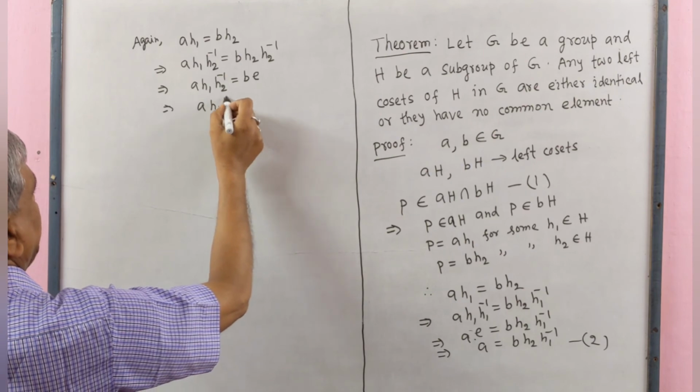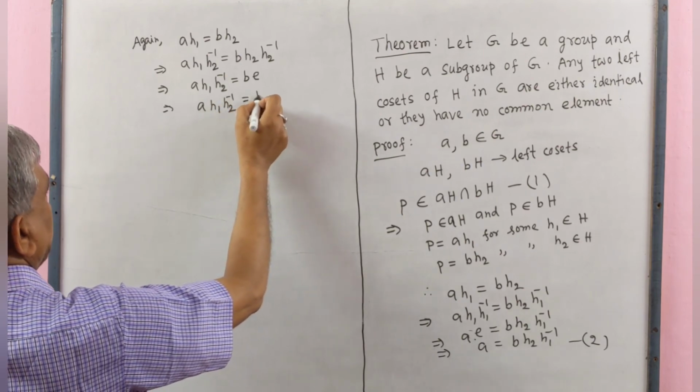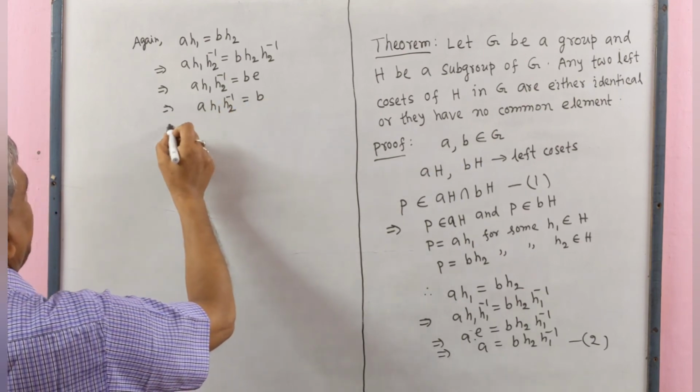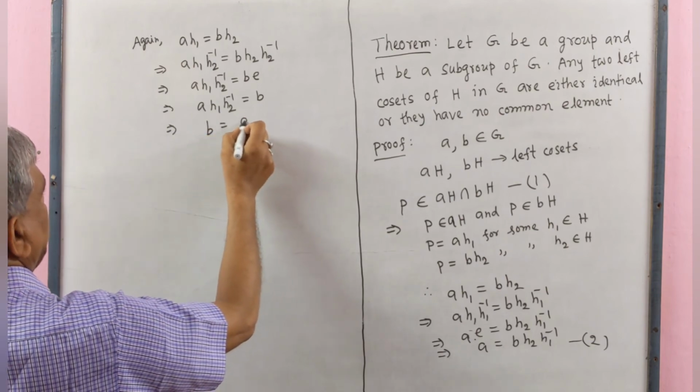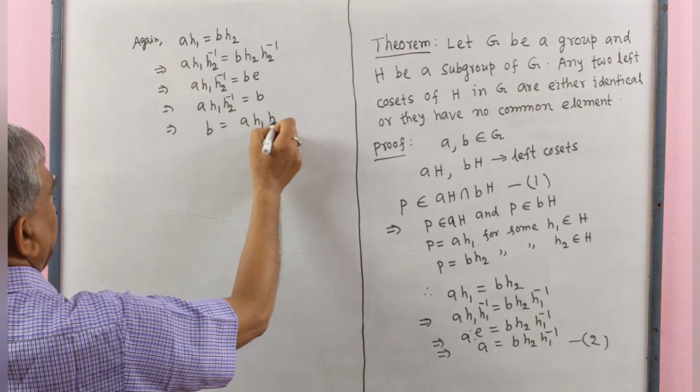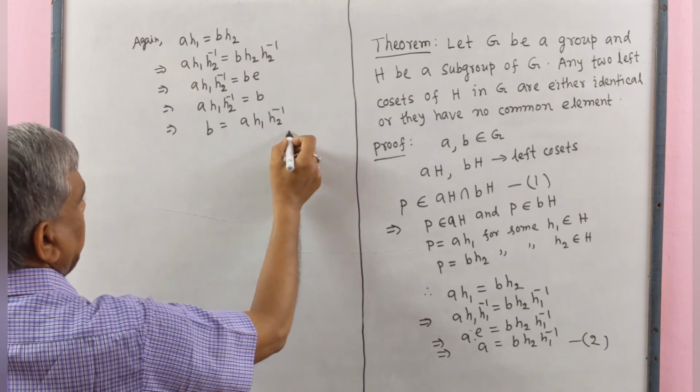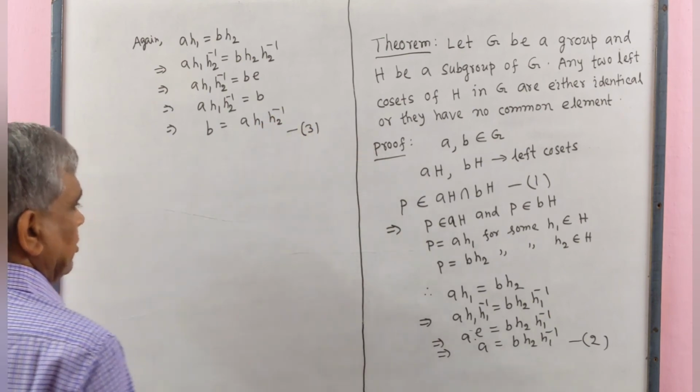Implies that b equal to ah1h2 inverse. This is number 3.